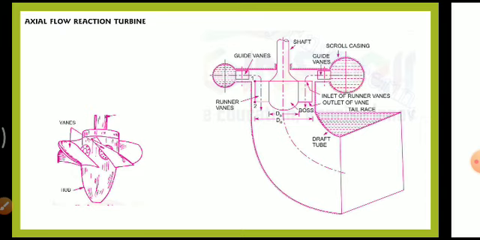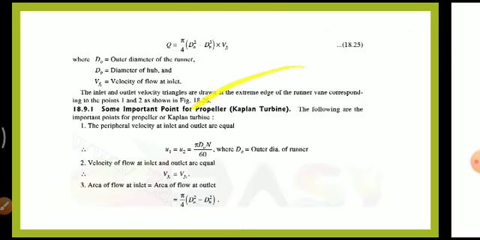So in most of the problems we will be analyzing the outer edge. In some problems they will mention that we have to calculate the blade velocity or the blade angle at the middle of the runner. In that case we will be using the equation (DO plus DB) by 2 to get the mean diameter of the runner. As per the question we have to calculate the diameter and speed of the blade.